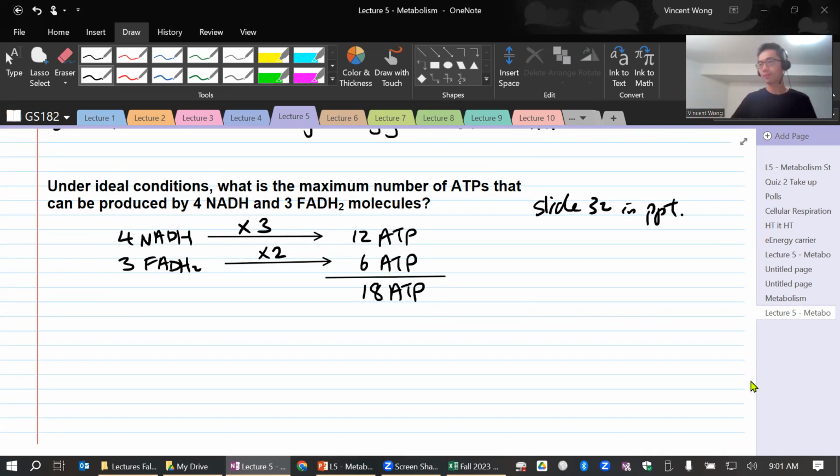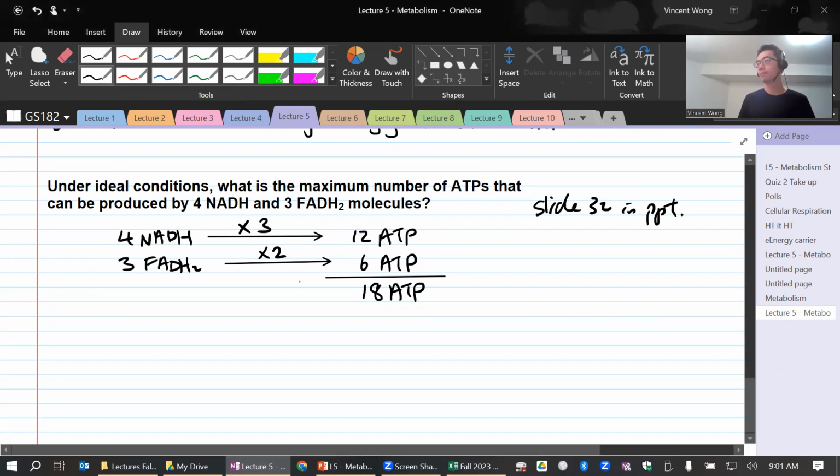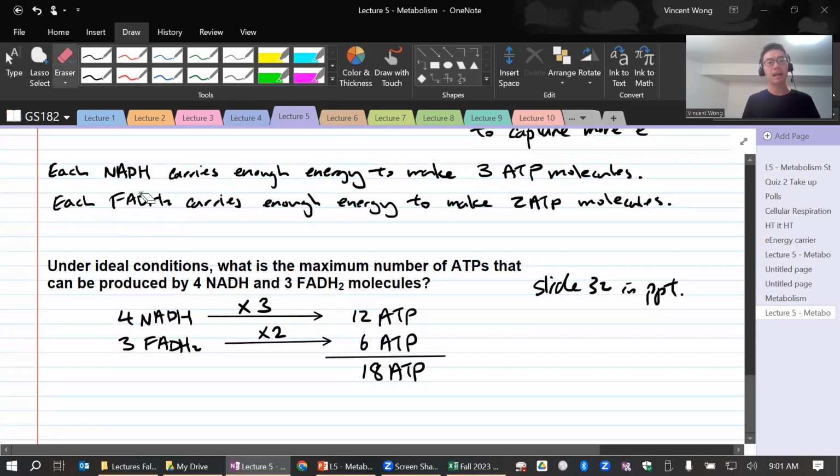Please ask if you are not sure about the math, because you will see this kind of question on the test. I have a question. Why for the last one did you only multiply by 2, not 3? That's good. Here, FADH2 carries enough energy to only make 2 ATP. The NADH can make more, it holds more charge, more energy.